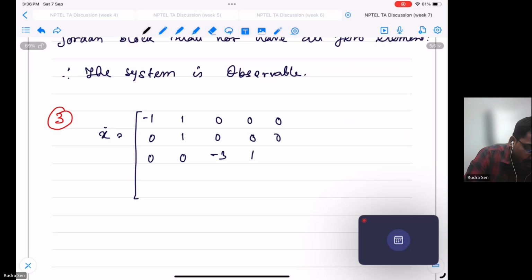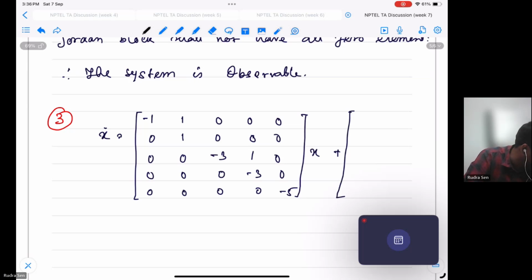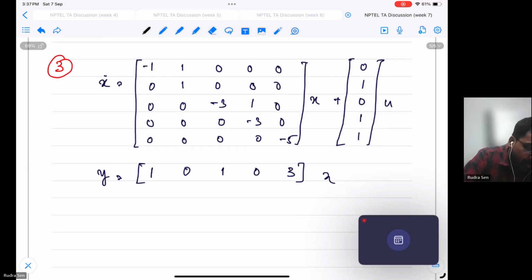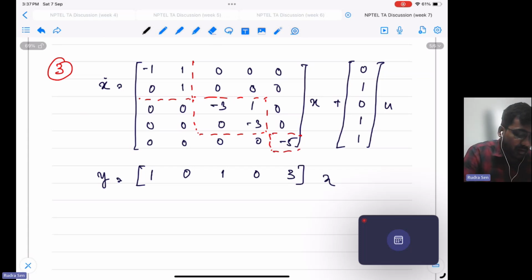Here exist three Jordan blocks, or rather you can say two Jordan blocks and one distinct eigenvalue.